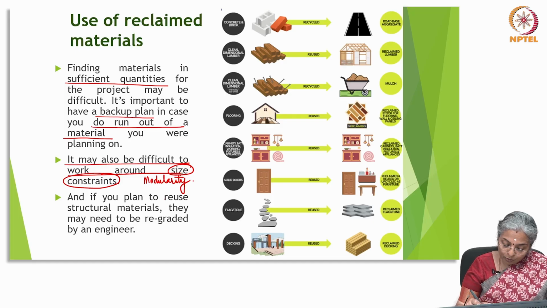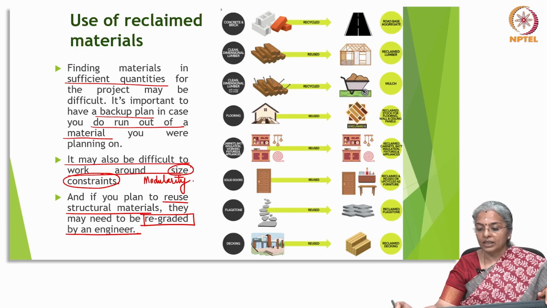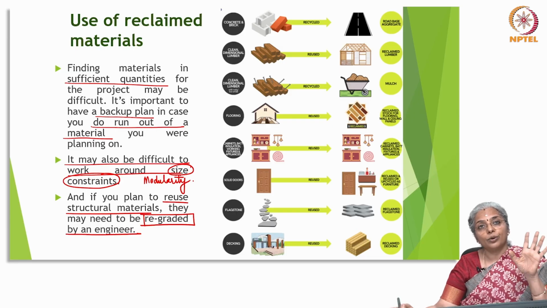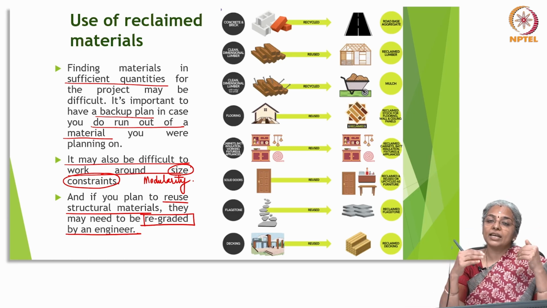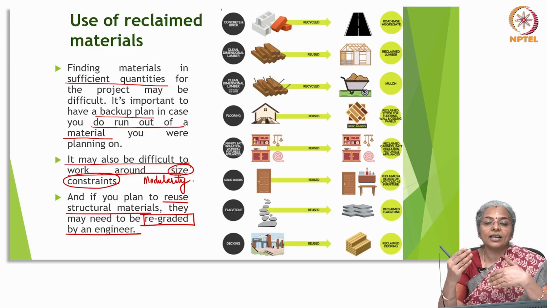And if you plan to reuse structural materials, they may need to be regraded and recertified by a competent authority. Or, if the material is supposedly unfit for its original use, then you could find an alternative use for that material.